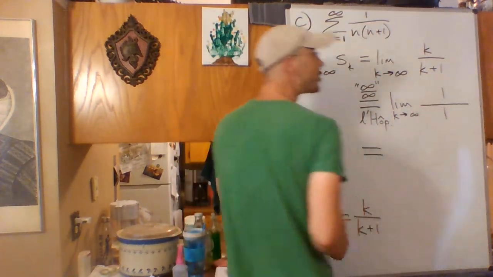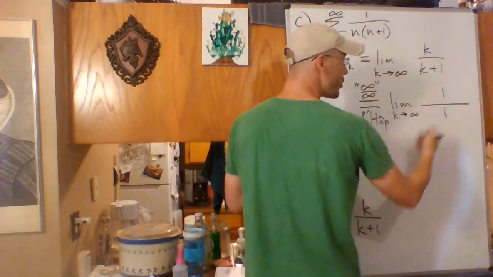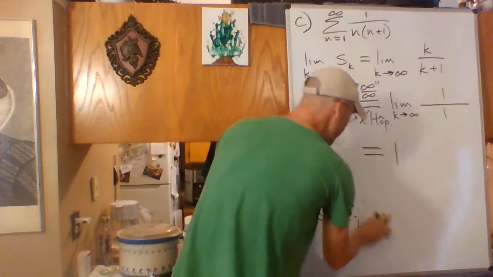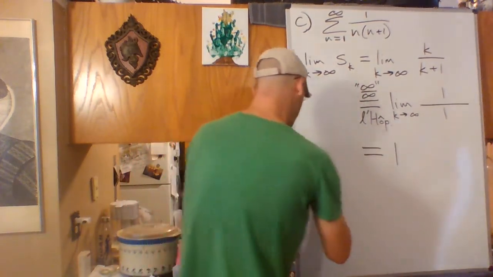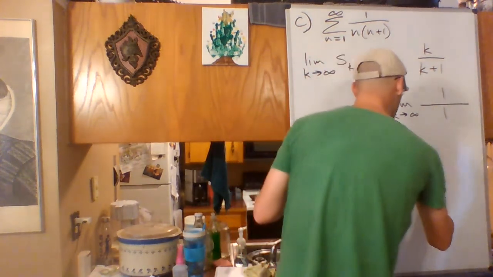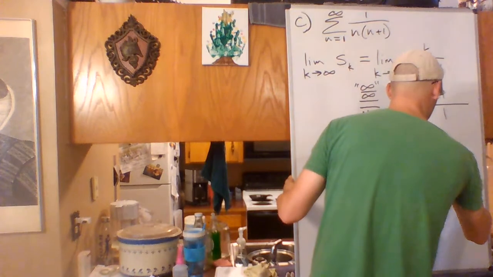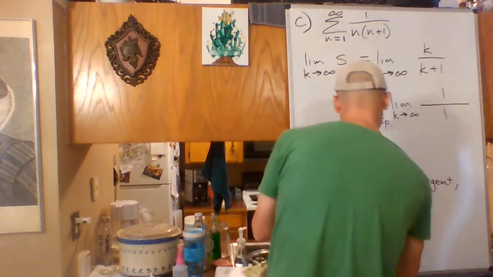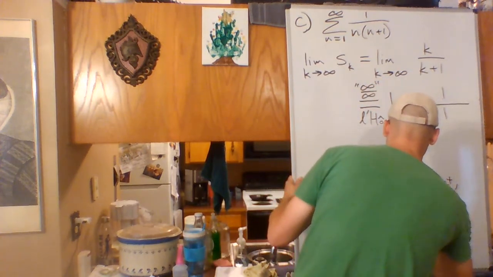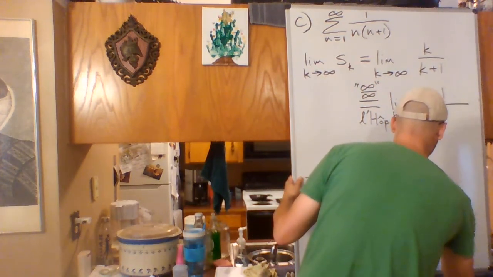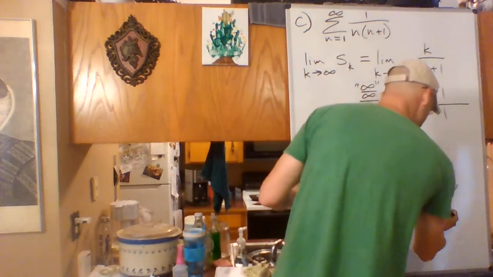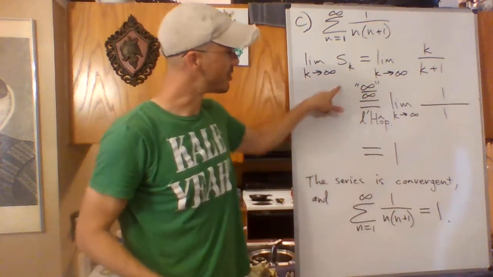And that I can evaluate. The limit as k goes to infinity of 1 over 1 is 1. So, the series is convergent. And I'm going to write it down here. The sum from n equals 1 to infinity of 1 over n times n plus 1 is equal to that limit of the partial sums.